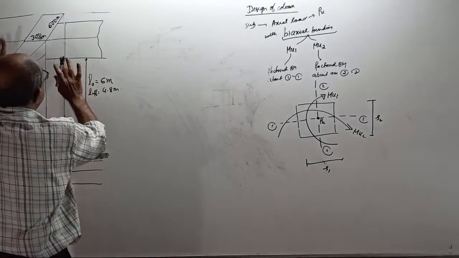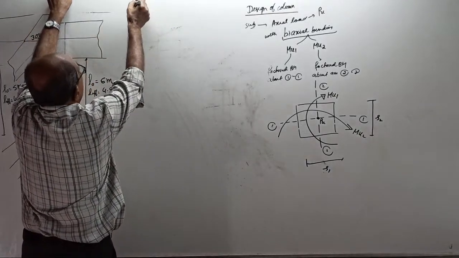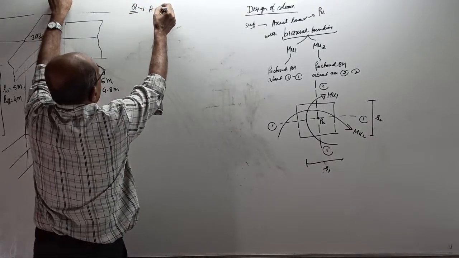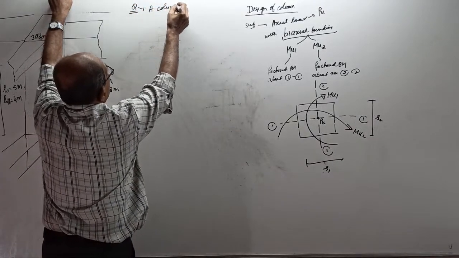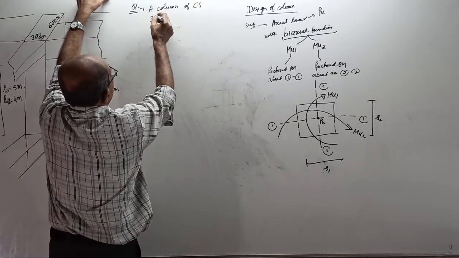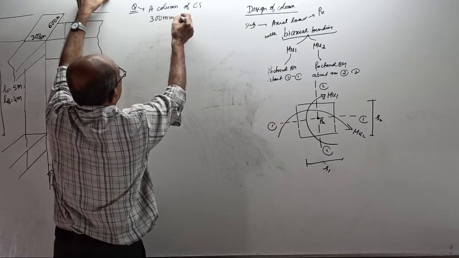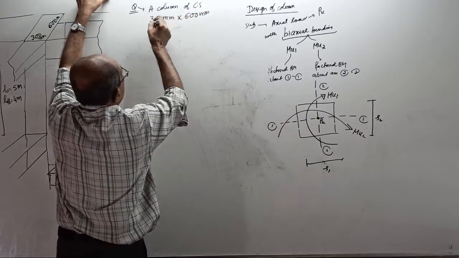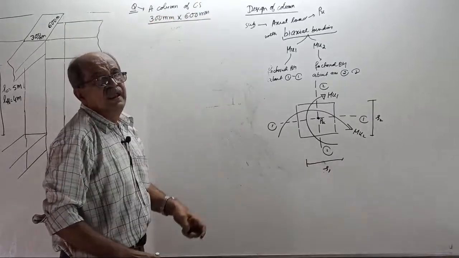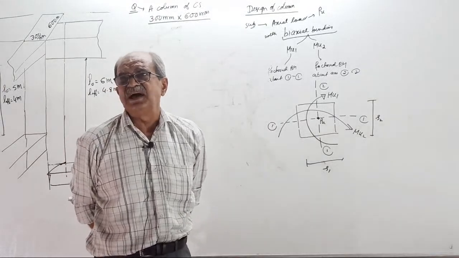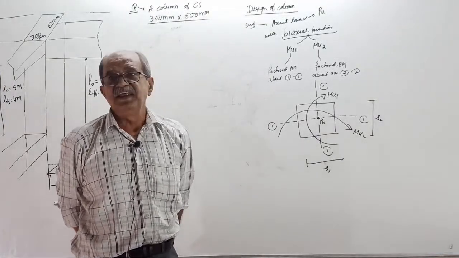See now, the question for today's class is a column of cross section 300 millimeter by 600 millimeter. One minute now, I will tell you one more thing. Why I took 300, even though the most popular lesser side is 200? There's a reason.